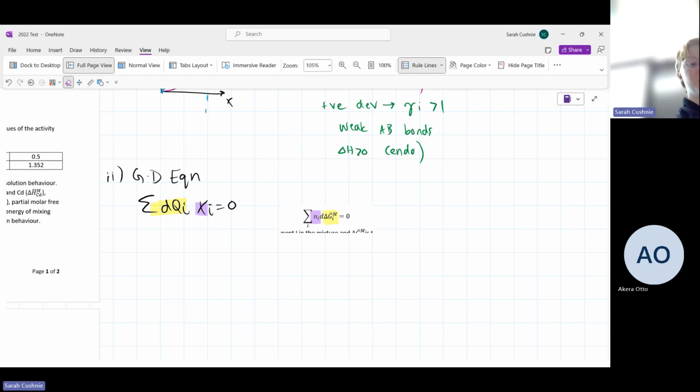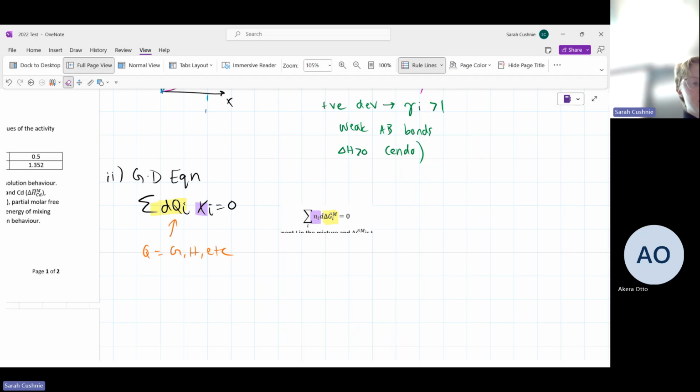This is a more generalized view, because Q can be G, H, etc. But you can just think of it in terms of Gibbs free energy. If you add up all those little bits of how that's going to change the Gibbs free energy for a given molar fraction, it's going to be equal to 0.